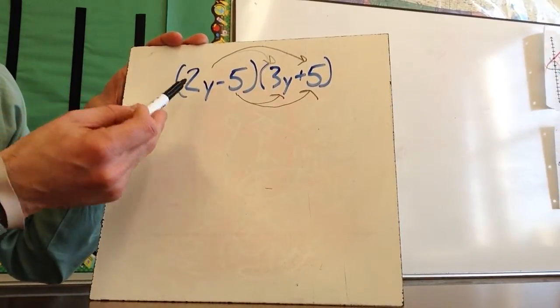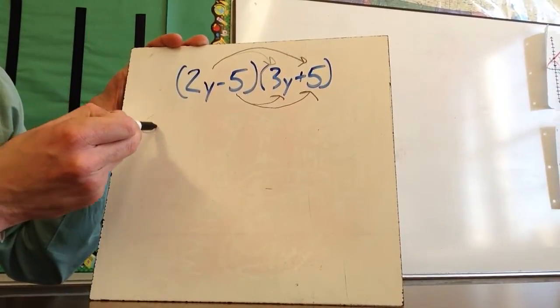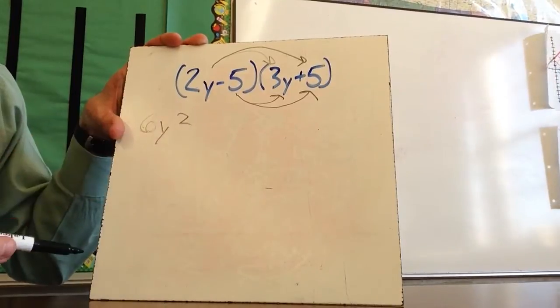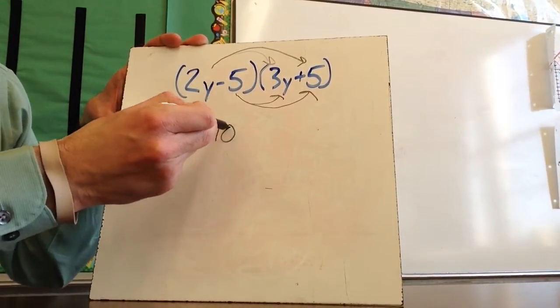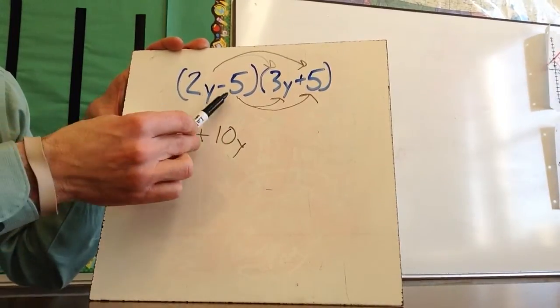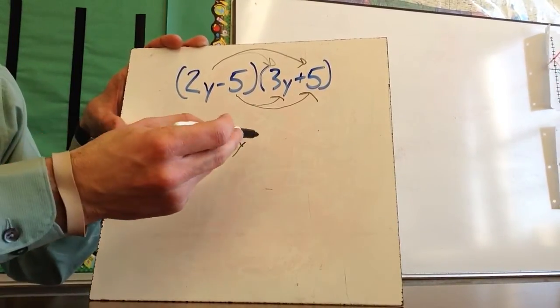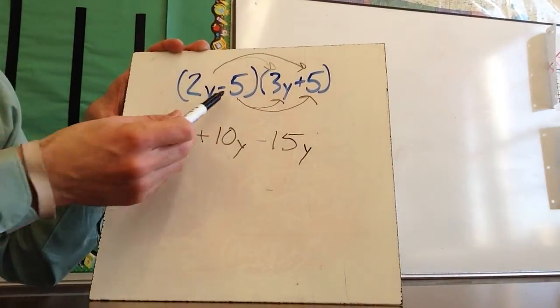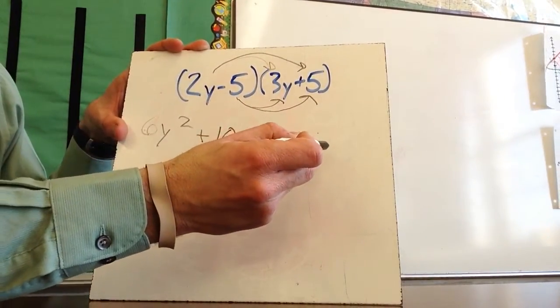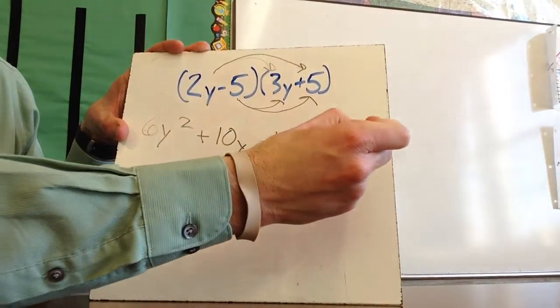So this becomes 2y times 3y is 6y squared, 2y times 5 is 10y, negative 5 times 3y is negative 15y, negative 5 times 5 is negative 25.